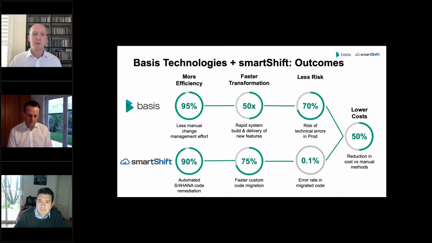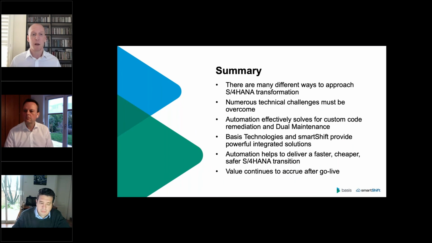So to wrap things up for today's session, we have discussed the fact, and I'm sure it's not news to anyone on the call, that there are many different ways we can come at these S/4HANA transformation projects, but in any of them there are numerous technical challenges that we need to overcome, and automation can help us with a lot of those, in particular these areas of custom code remediation and dual maintenance that we've looked at today, as places where basis technologies and smartShift technologies can help to add more value to that process and deliver a faster, safer and cheaper move to S/4HANA.